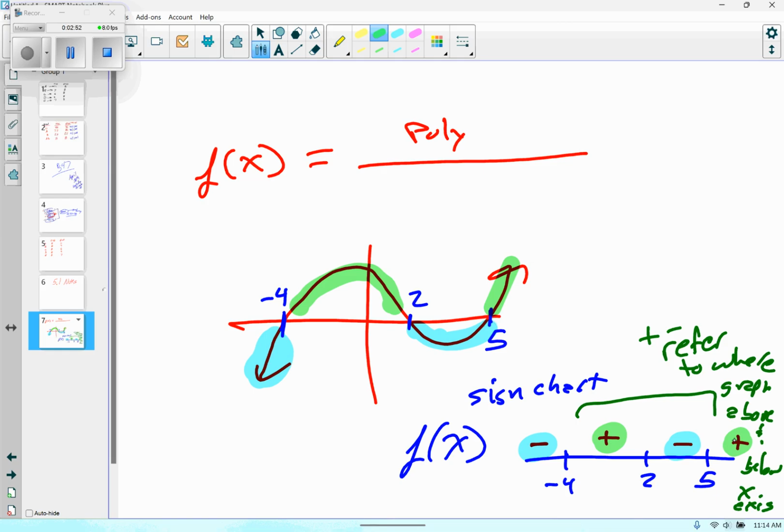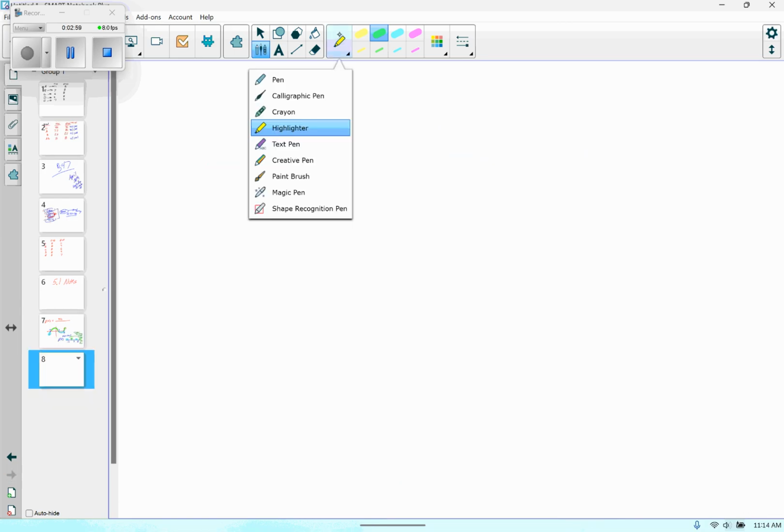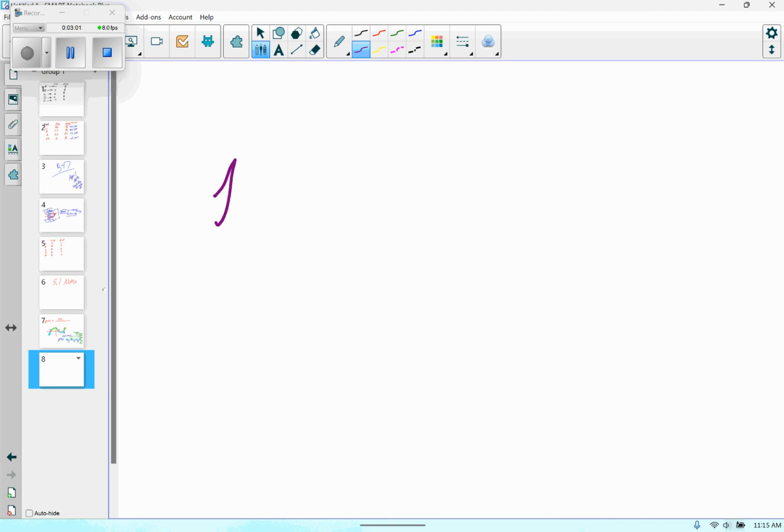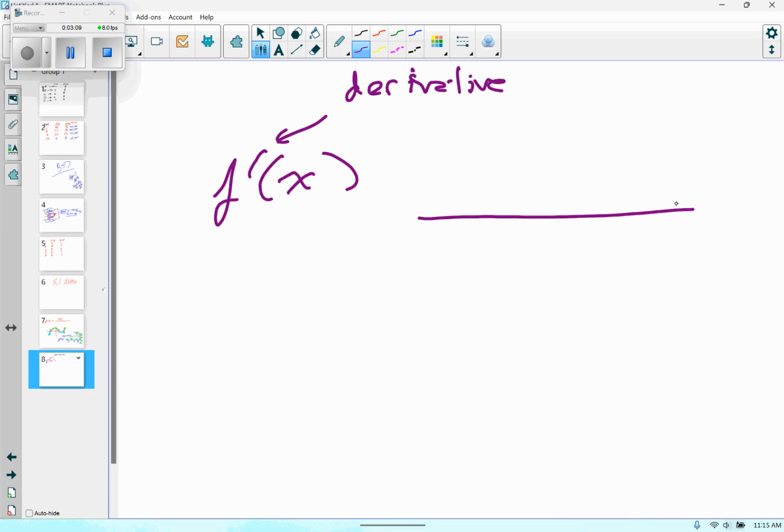But the thing is, we can also have derivative sign charts that come with this. Okay, so a derivative sign chart, first off, you would see this, meaning that we're doing the first derivative. And the derivative sign chart might look something like this. It might go something like positive, negative, positive, negative. Okay?